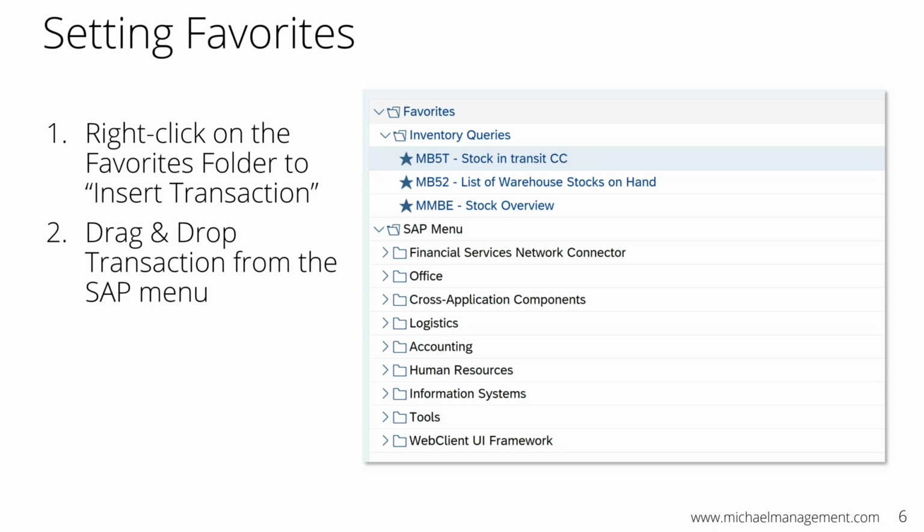Or you can also use drag and drop. If you're navigating through the very large SAP menu and you find something you want to keep handy, you can literally drag and drop it up to your favorites. Again, drag and drop is a feature of the desktop GUI that's not going to be available in the web GUI.